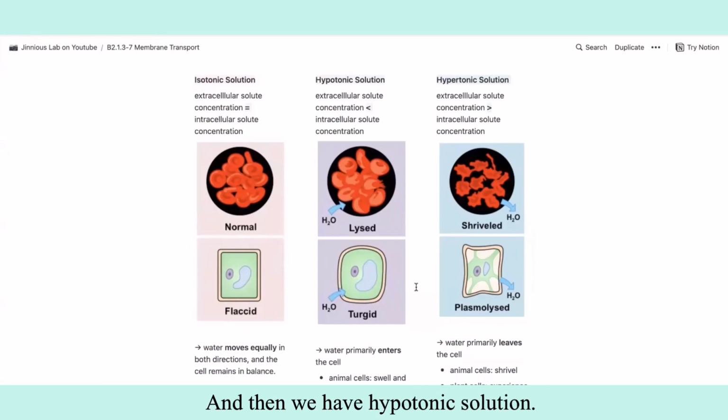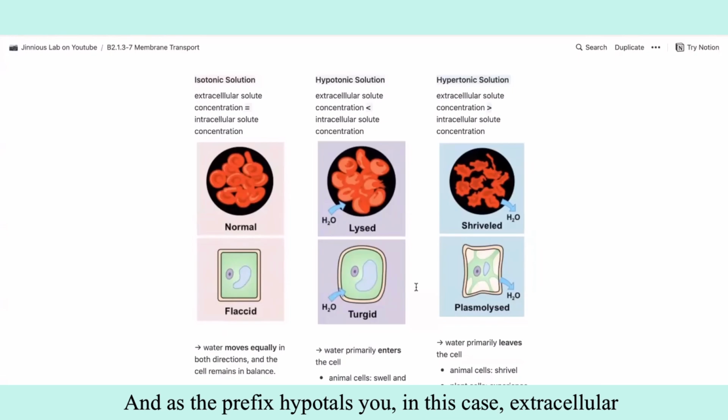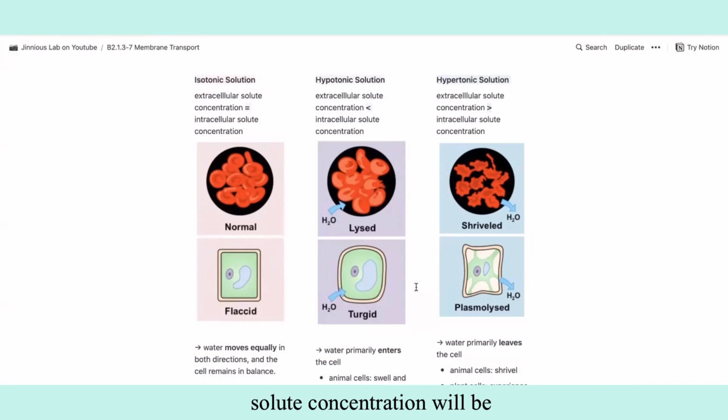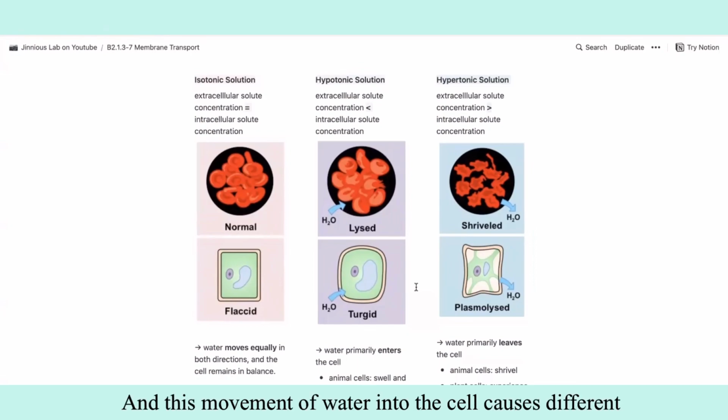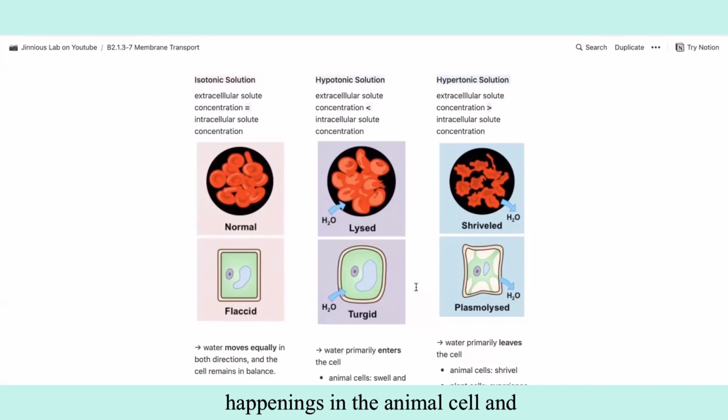And then we have hypotonic solution. As the prefix hypo tells you, in this case, extracellular solute concentration will be smaller than the intracellular solute concentration. So water will enter the cell, and this movement of water into the cell causes different happenings in the animal cell and in the plant cell.